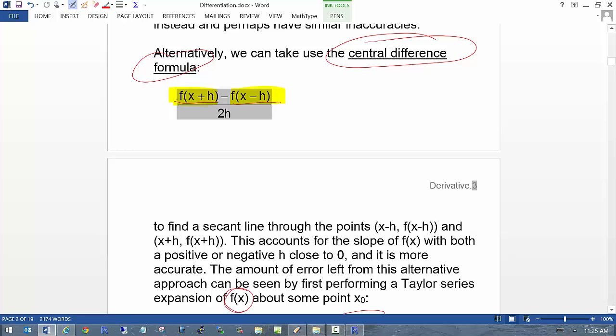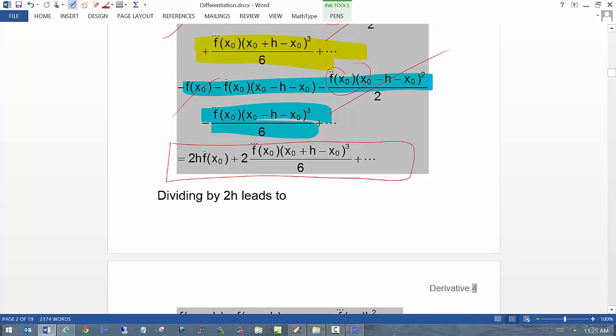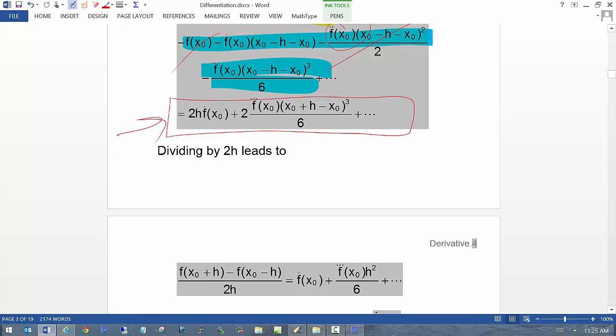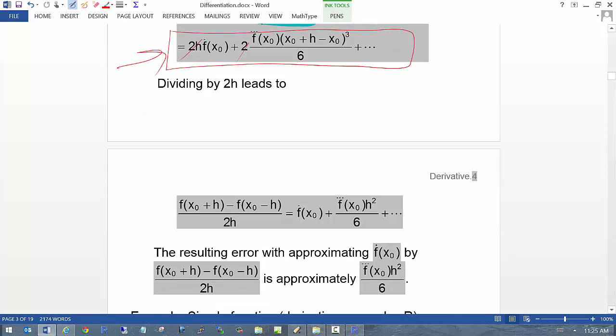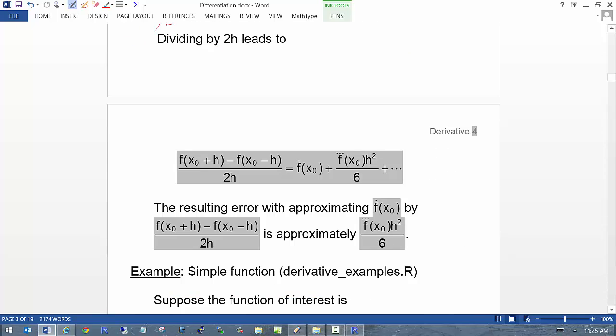Now also in that central difference formula we divide by 2h. So let's go ahead and divide this expression by 2h. And notice how we have a 2h here, so that ends up canceling out. A 2 here ends up canceling out and leaves behind an h. And so then our central difference formula simplifies down to this expression.